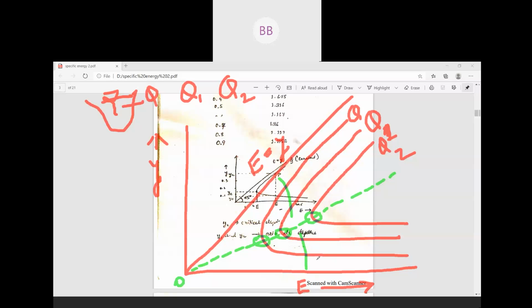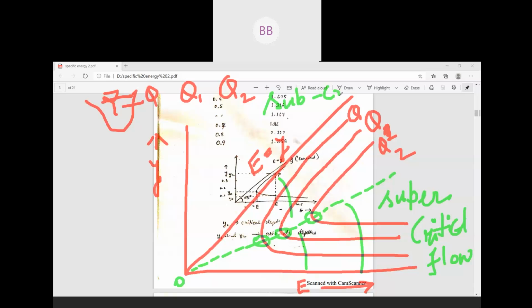Then this lower portion is called supercritical flow, and the upper portion is called subcritical flow.